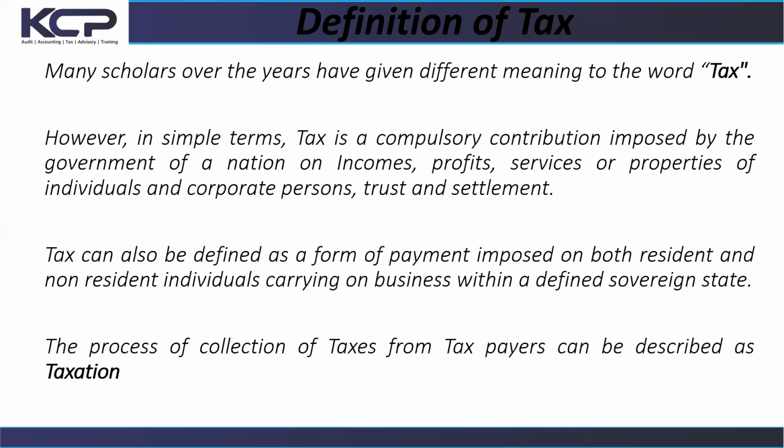Then taxes must also be tied to the income you have earned, the profit you have made in business, the services you have rendered, the property you own as an individual or as an incorporated entity, or to a trust or settlement. So all of these make up the unique attributes of what must be identified as tax.